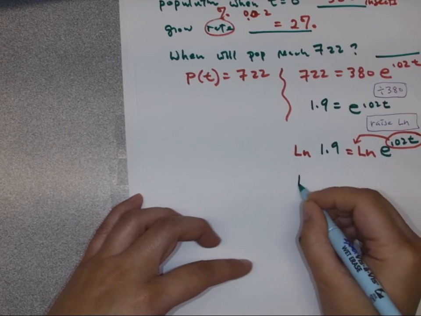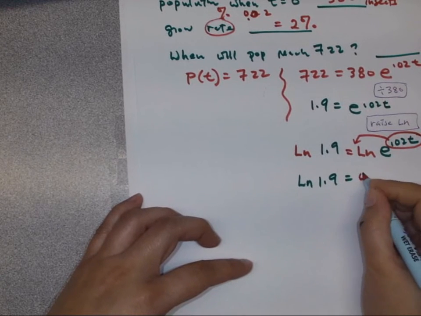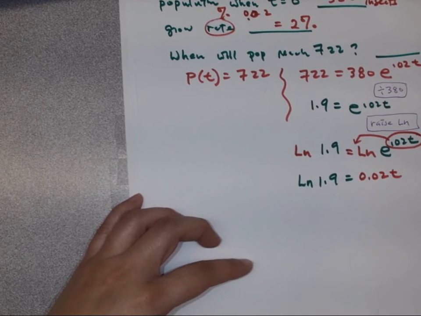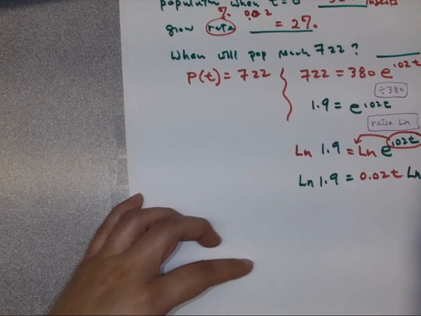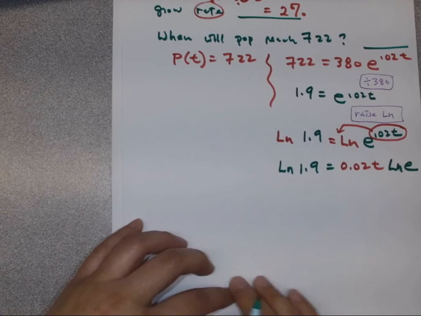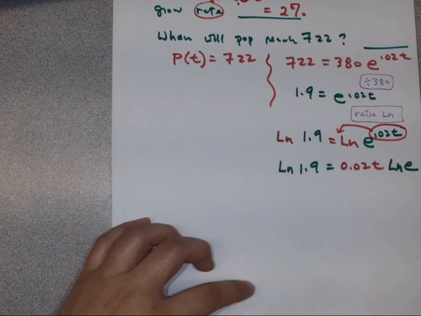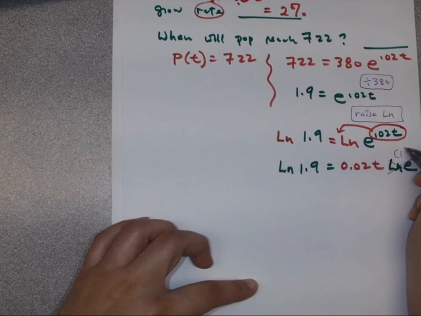So this would be ln of 1.9 equals, I bring down my exponent, 0.02 t times ln e. Is that okay? What is ln e? ln e equals 1, perfect.